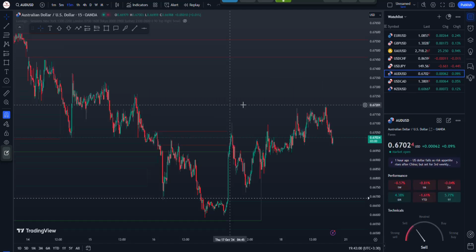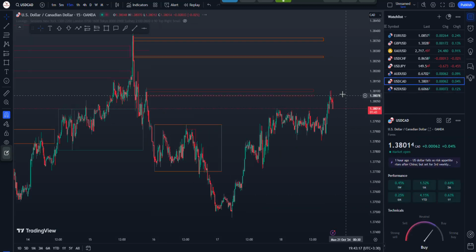In Aussie USD, price reached that level here and then went down. It can maybe go short again, like euro and pound, from here to here.